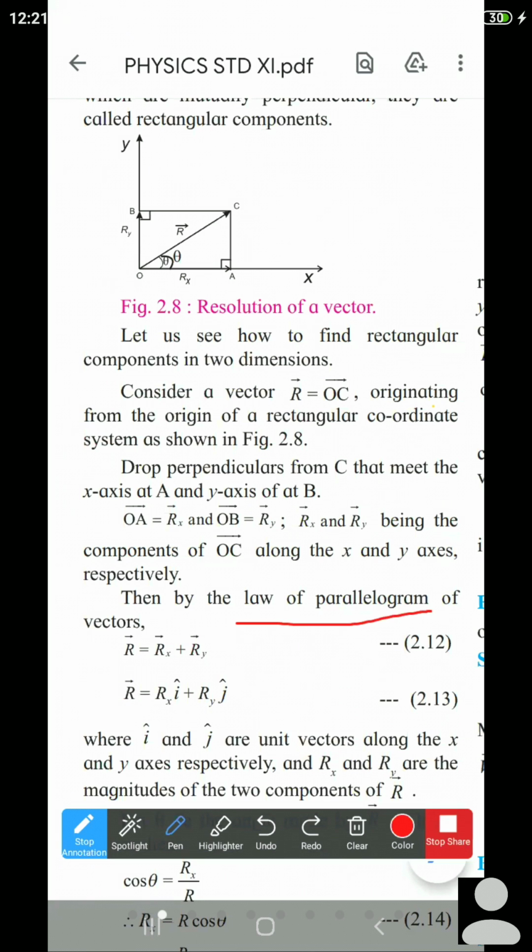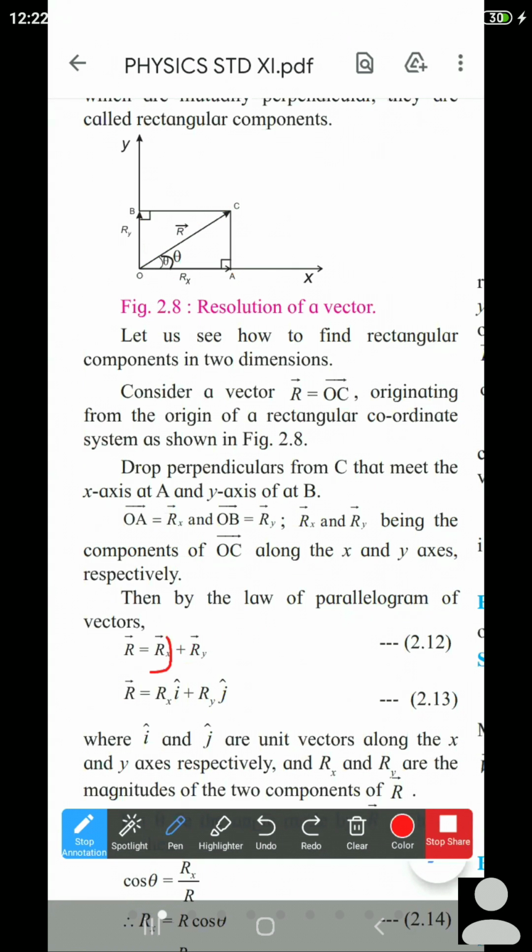Here by using the law of parallelogram, R bar is equal to Rx bar plus Ry bar. This is the law of parallelogram. These are the two adjacent sides of the parallelogram. If we add these two sides, the resultant is the diagonal. Therefore, R bar is equal to Rx bar plus Ry bar.